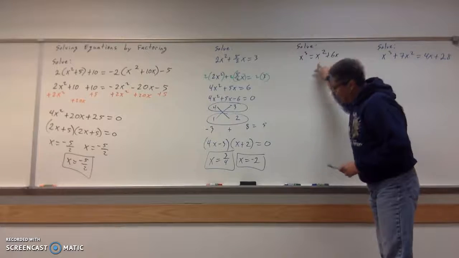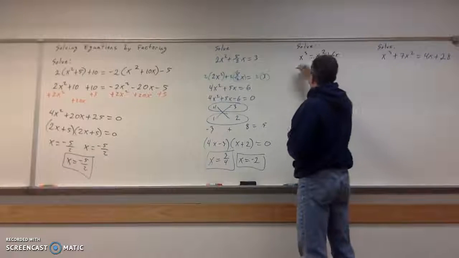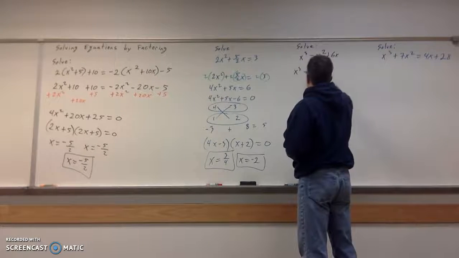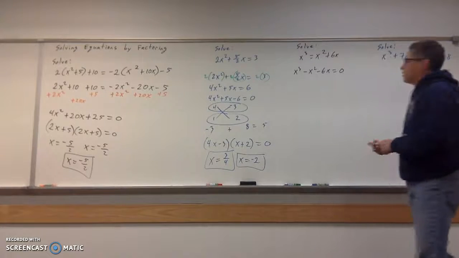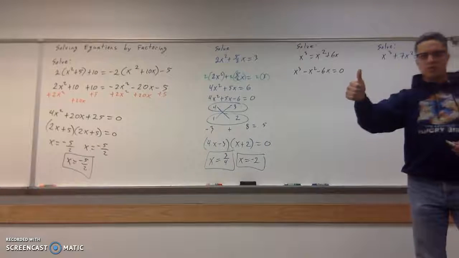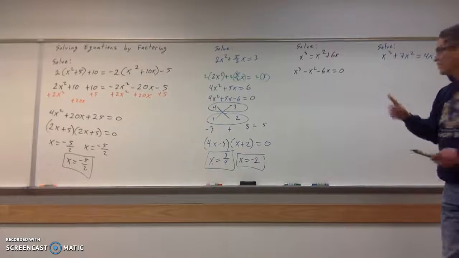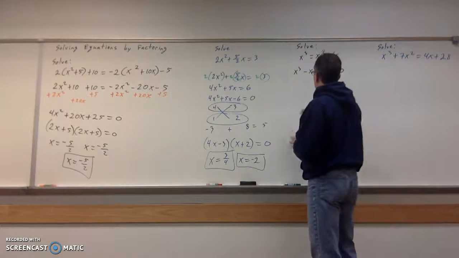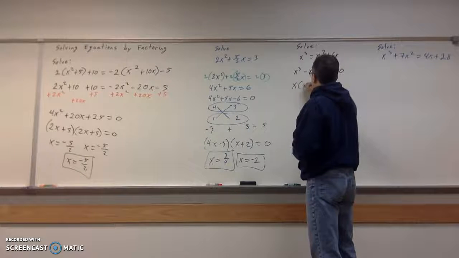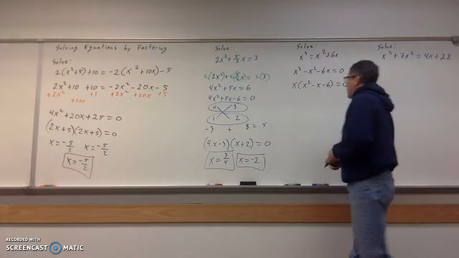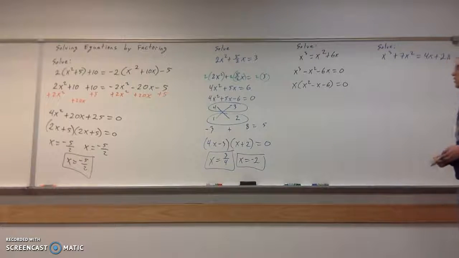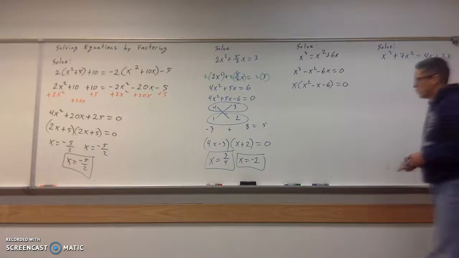So, making my right-hand side a 0, I'll have x cubed minus x squared minus 6x equals 0. So, starting off, rule of thumb, greatest common factor, and I've got that this time. They all have a factor of x in there, so I'll factor it out. So x times a quantity of x squared minus x minus 6 equals 0.